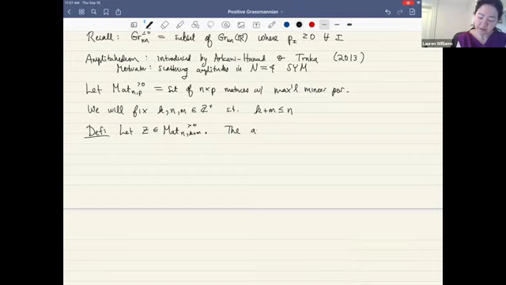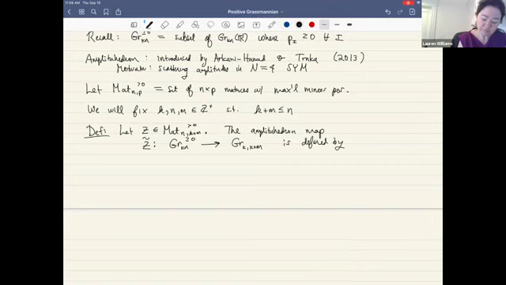And now the amplituhedron map is a map induced by Z, and it's a map from the non-negative Grassmannian into a related Grassmannian of k-planes in k plus m space. And it's very simple. It's just defined by matrix multiplication.